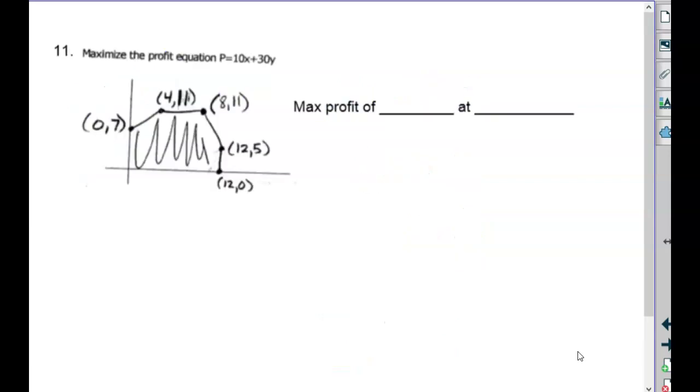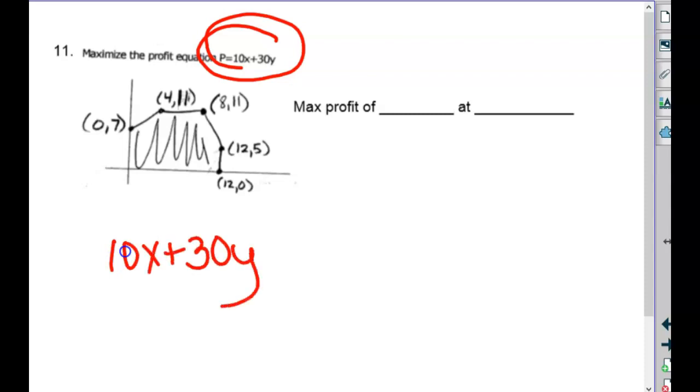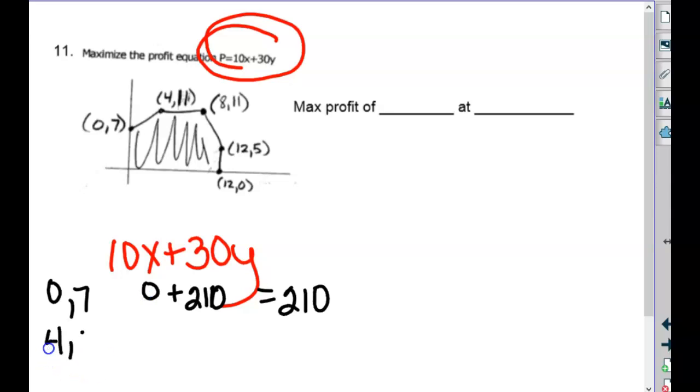All right, number 11, maximize the profit. How do we do that? Into this guy up here, right? So 10x plus 30y. If I put in 0, 7, I'd have 0 plus 210 is 210, I think. 411 would be 40 plus 330.